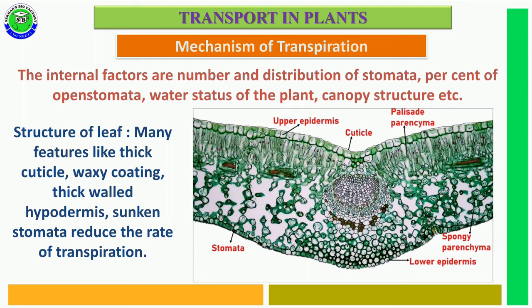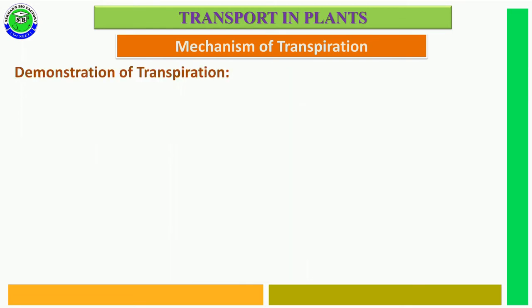Many features related to leaf structure like thick cuticle, waxy coating, thick-walled hypodermis, and sunken stomata reduce rate of transpiration in plant. So these are the various external and internal factors related to transpiration.